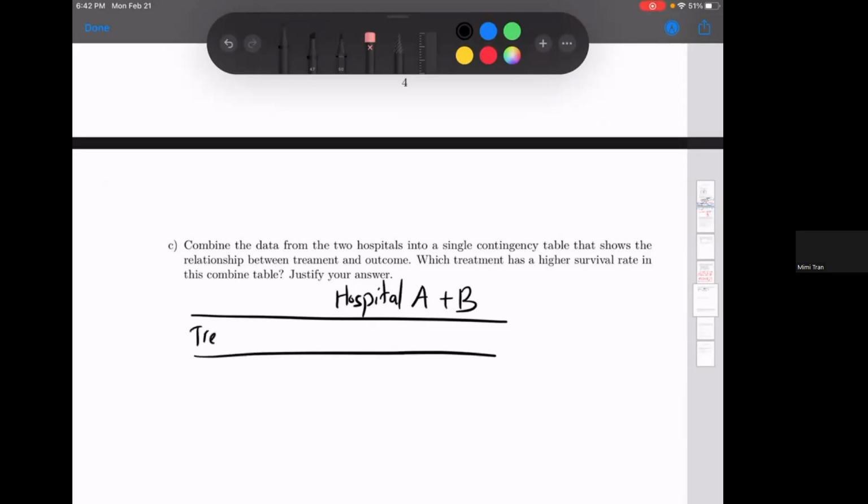So here is treatment. Survive, die, and total. On the exam, try to be neat. Don't be like me. Okay, so treatment is either standard or new.